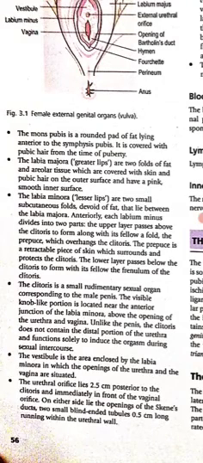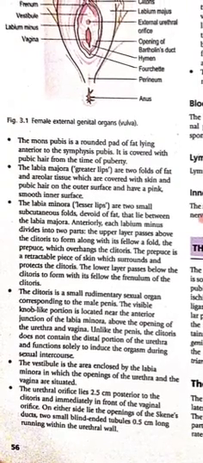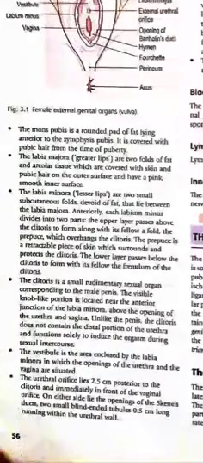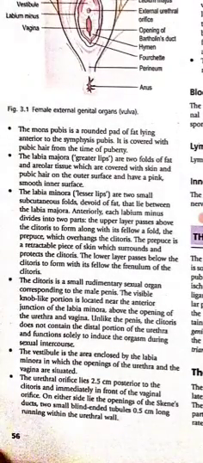So this labia minora, like I told you, they are two small cutaneous folds that are devoid of fat and hair that lie between the two labia majora. So anteriorly, that is upwards, this labia minora divides into two. When it divides into two, one part goes above the clitoris, another part goes below the clitoris. So the upper layer forms a fold over the clitoris, while the lower layer goes below the clitoris.